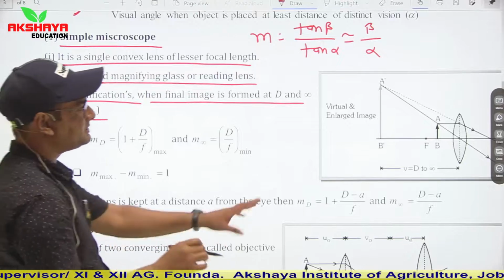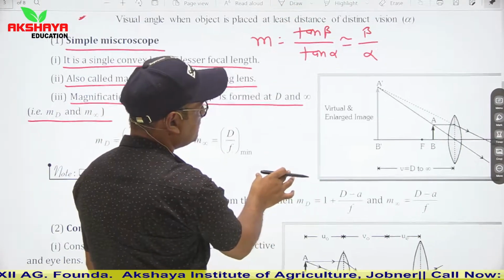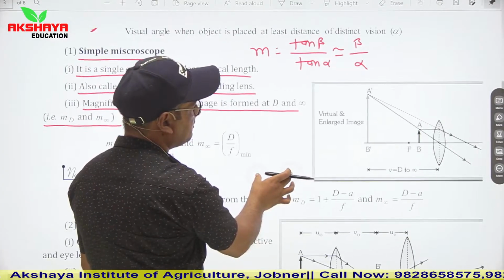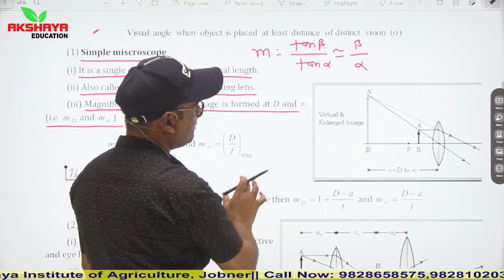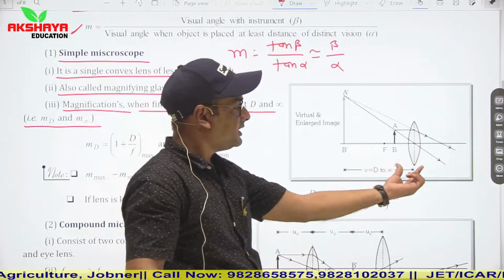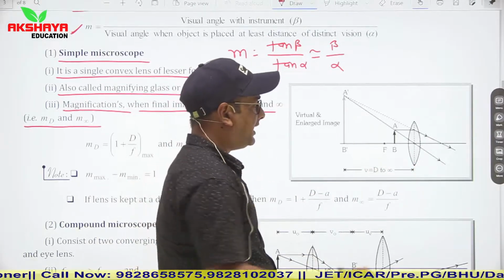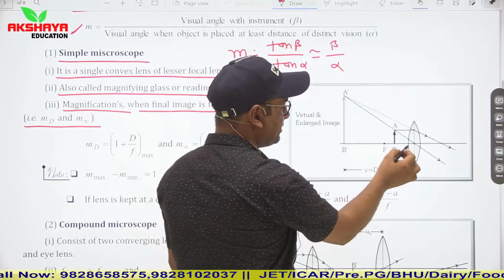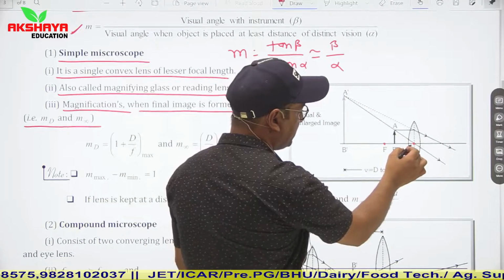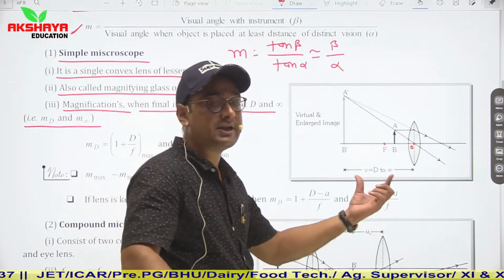So here let us see, we are given a schematic. Just have a look. This is a simple convex lens of lesser focal length. An object is placed just between focus and optical center.